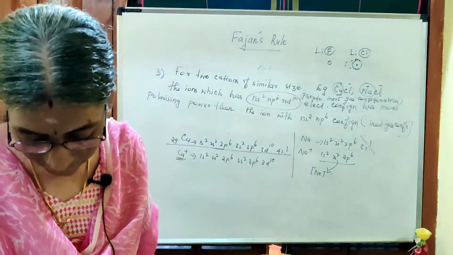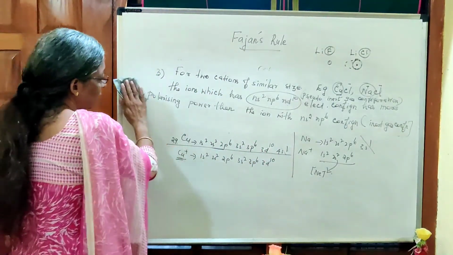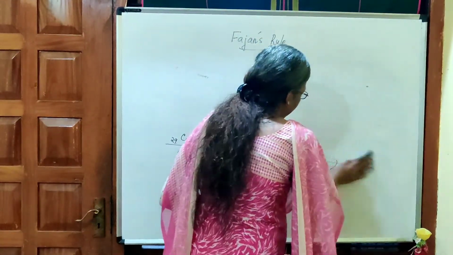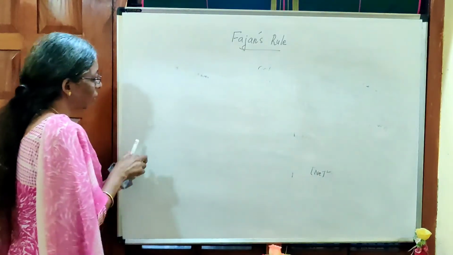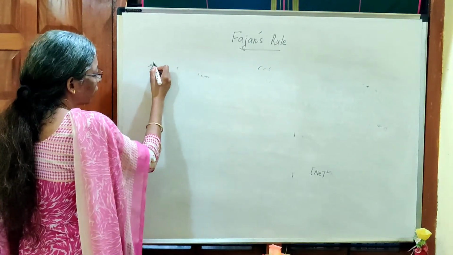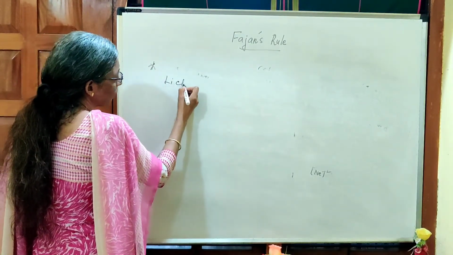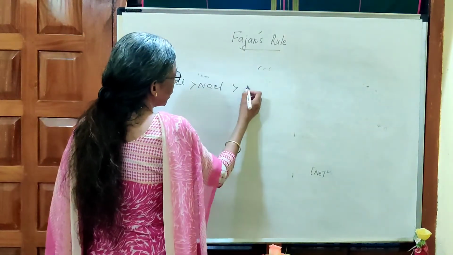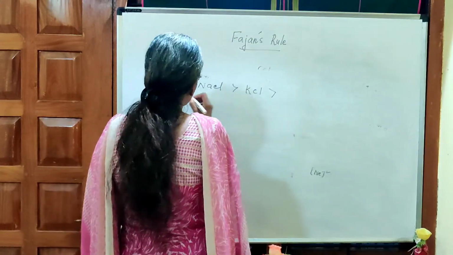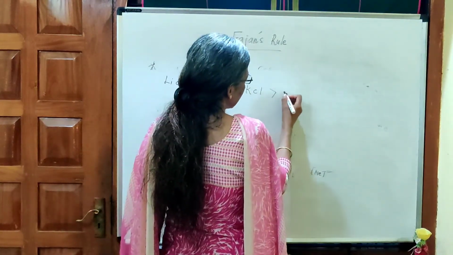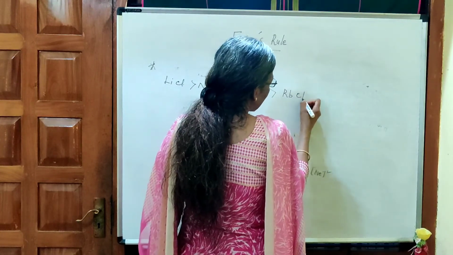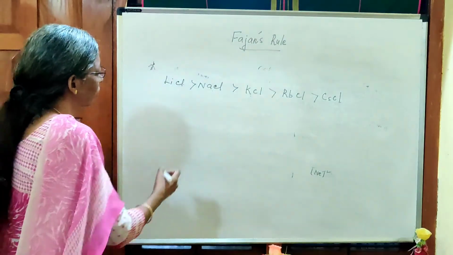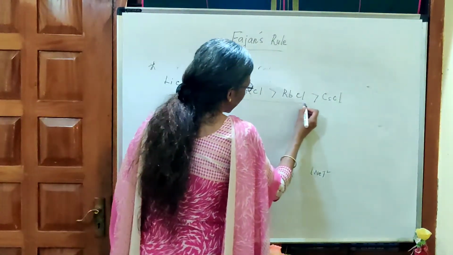Okay, now we can understand, this is a very important point: lithium chloride, sodium chloride, lithium, sodium, potassium, rubidium and cesium chloride. When you move from left to right, what happened?